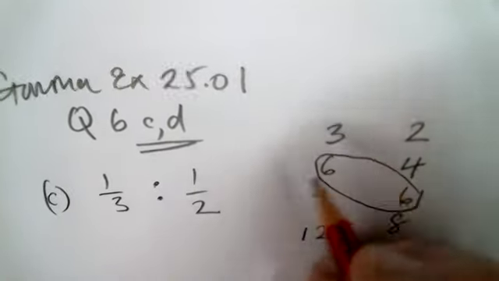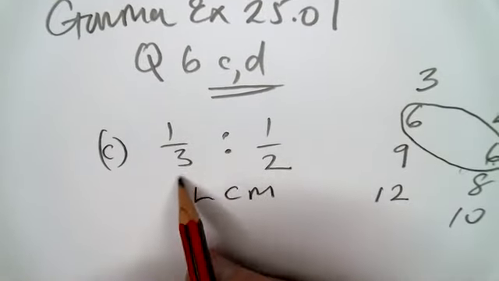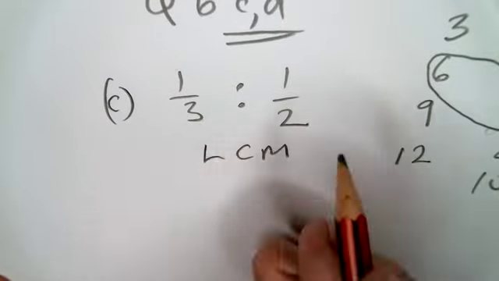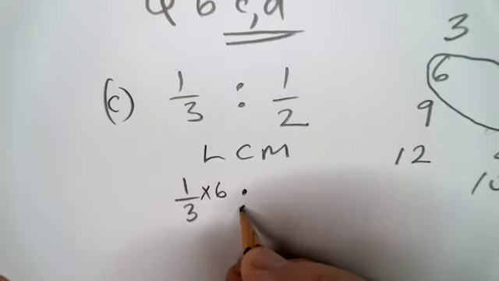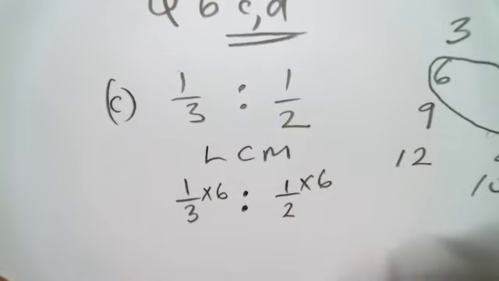So we're looking for the lowest common multiple, and we're going to multiply both of them by it. We said 6. So I'm going to take 1/3 and multiply it by 6, and 1/2 and multiply that by 6.